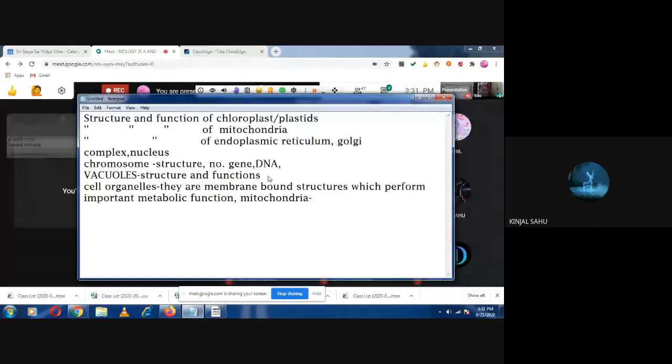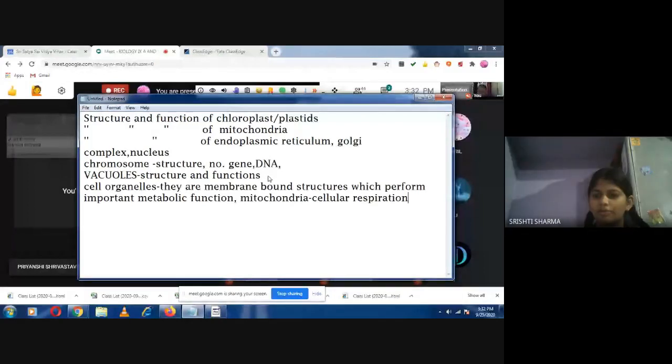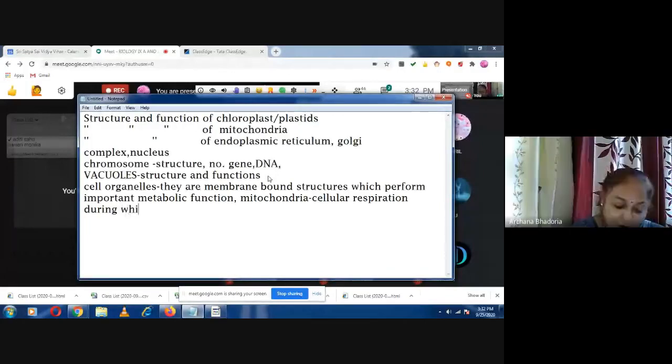Oxidation of food. So you write down: in mitochondria, cellular respiration takes place, during which oxidation of food occurs.